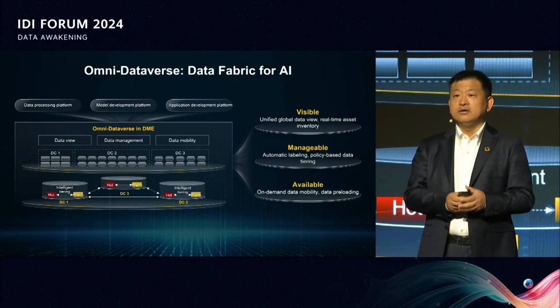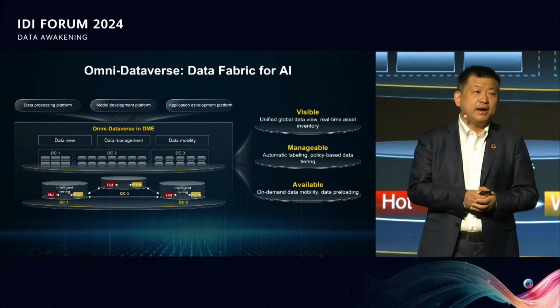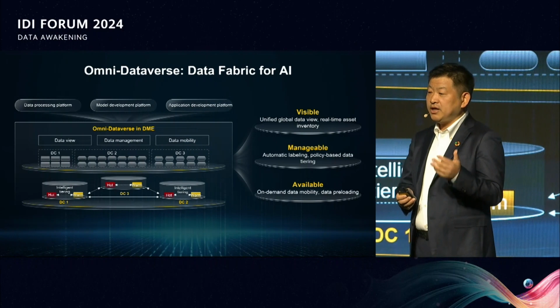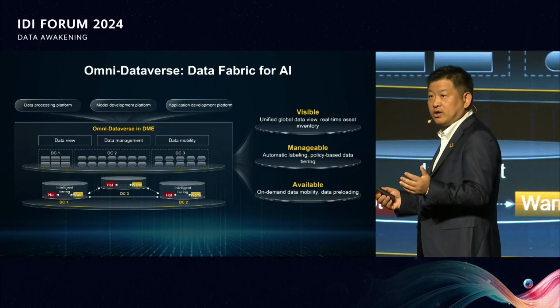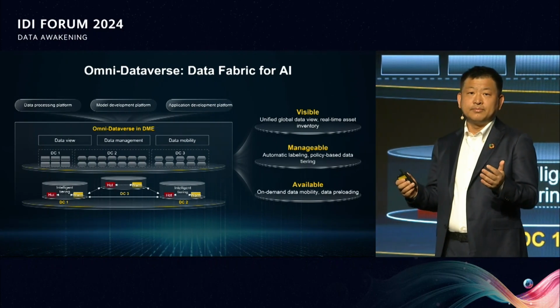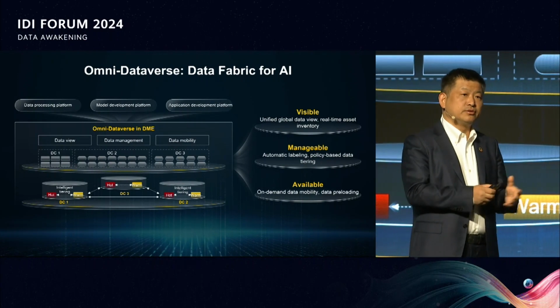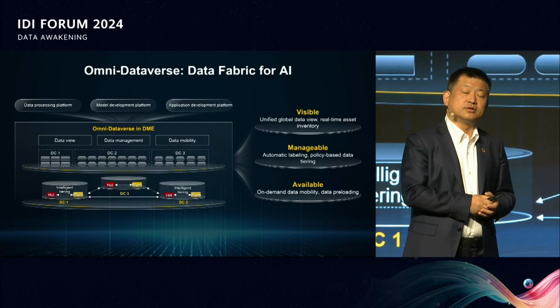Today, we bring a software embedded in DME, the data management engine, which is Omni Dataverse. This software is also supported by the metadata and functions in the storage, OceanStor A800.